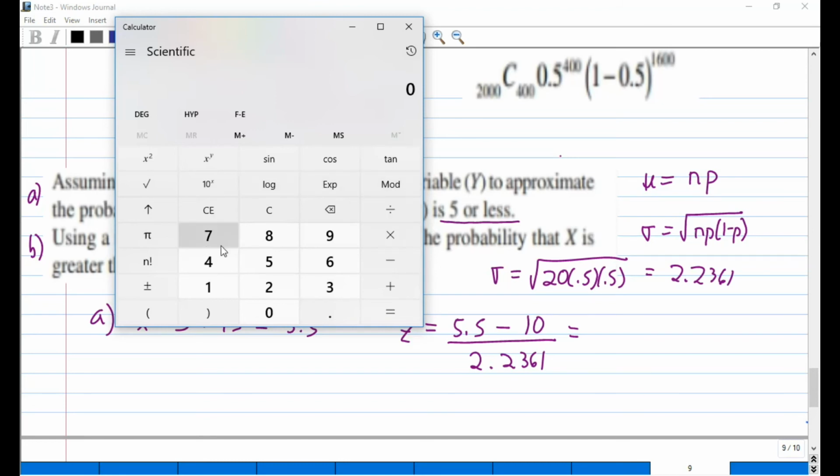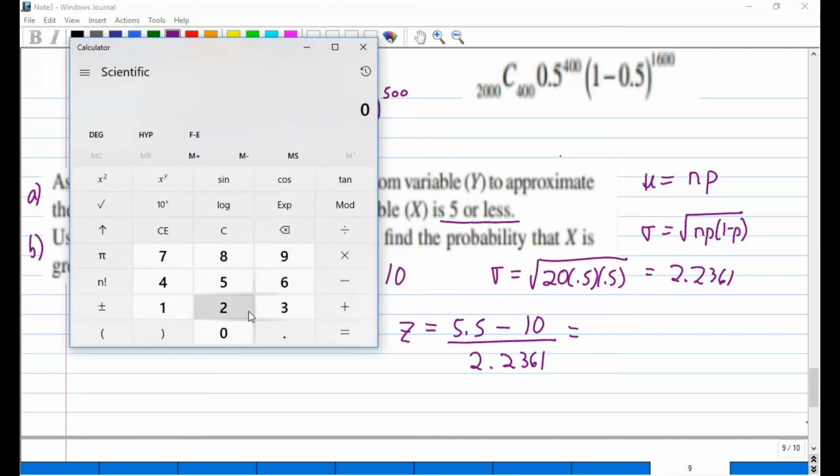Okay? So they should be relatively small numbers when I work them out. So 5.5 minus 10 divided by 2.2361. So my z-score, if I round this to 2 places, is negative 2.01.